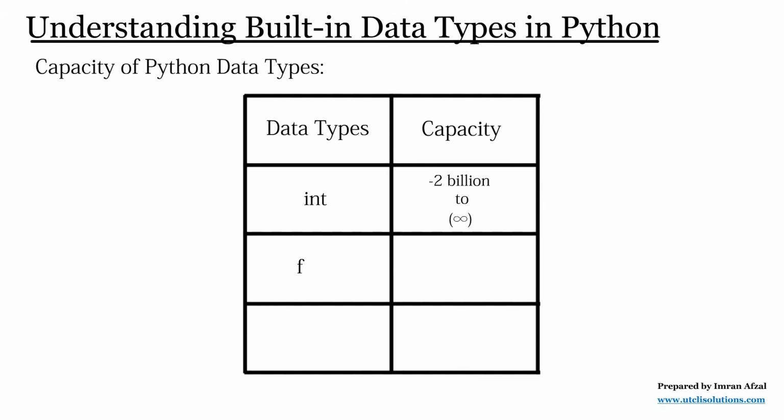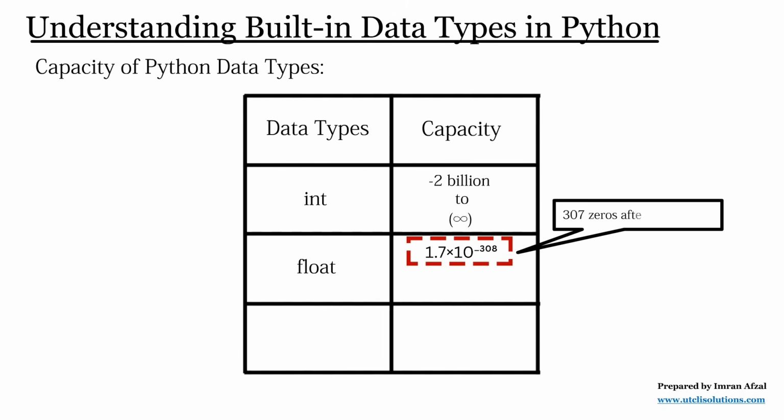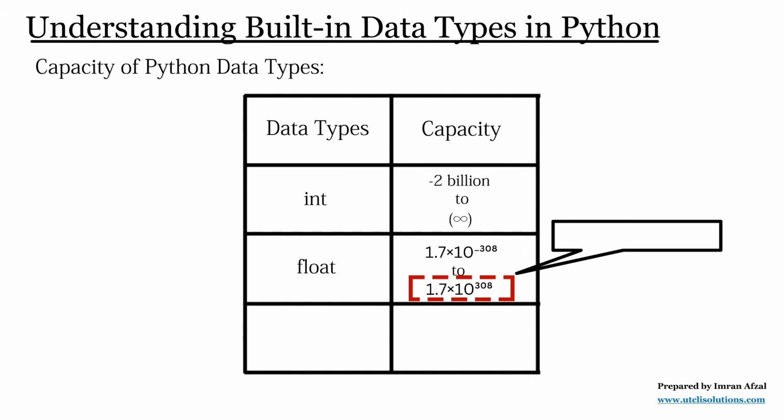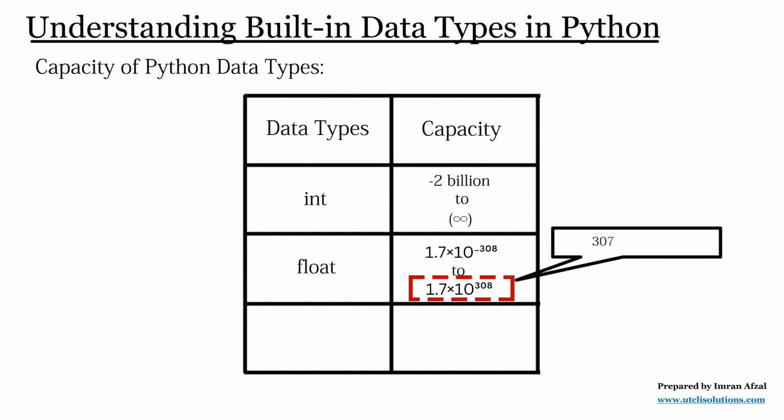Now, the float data type can handle numbers as small as 1.7 times 10 to the power of -308, which means 307 zeros after the decimal point, and as large as 1.7 times 10 to the power of 308, which means a number starting with 17 followed by 307 zeros.